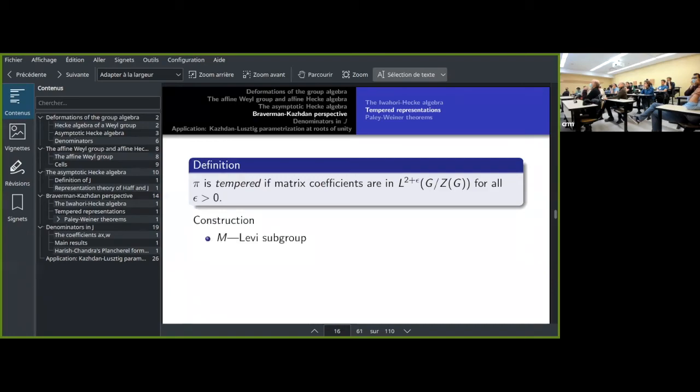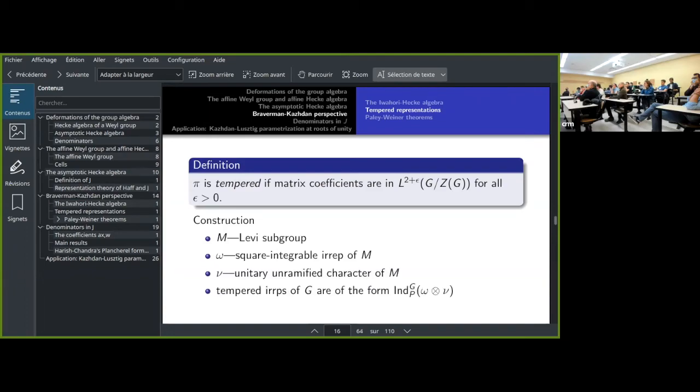They're constructed, very briefly, as follows. If you take a Levi subgroup M of your p-adic group, a representation of M whose matrix coefficients legitimately lie in L2 of M, and a unitary unramified character of M, then all the tempered irreducible representations of G are parabolic inductions of such twists.